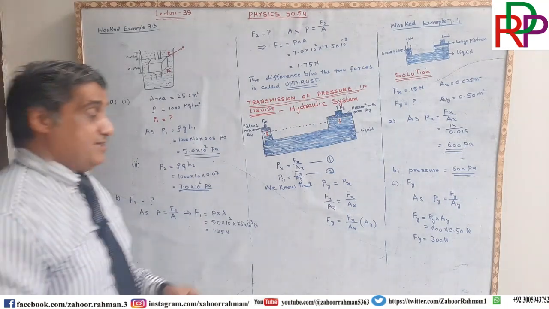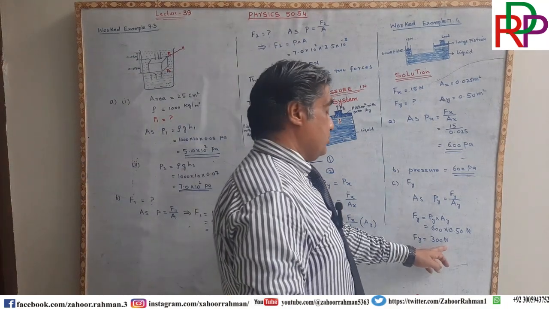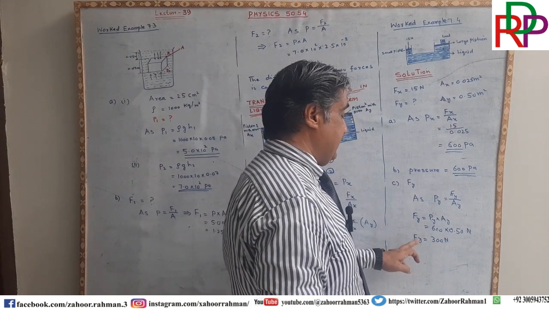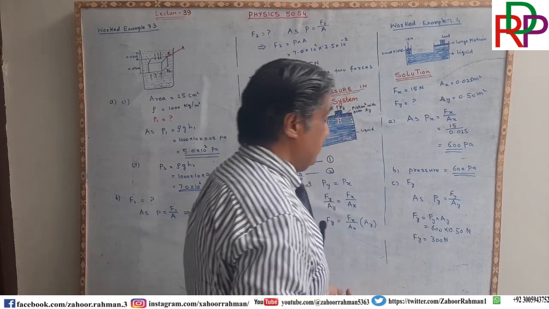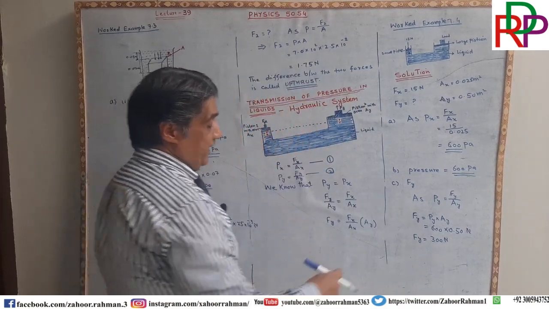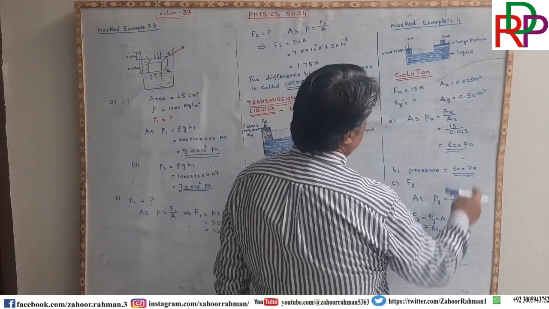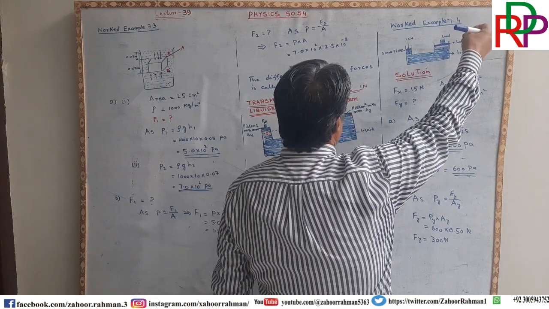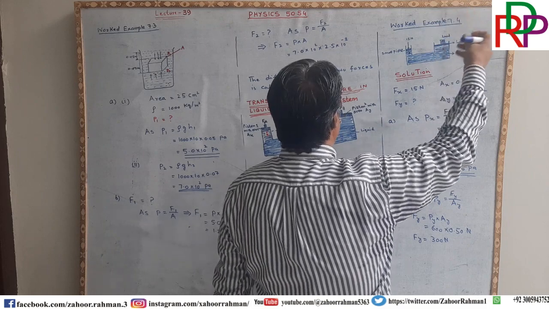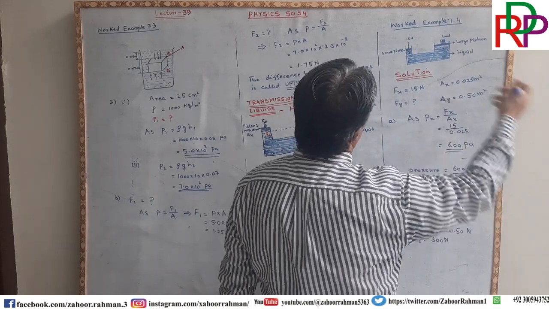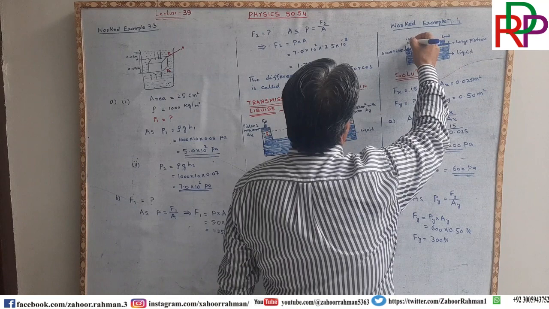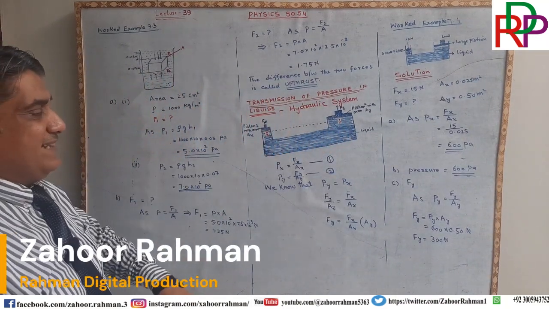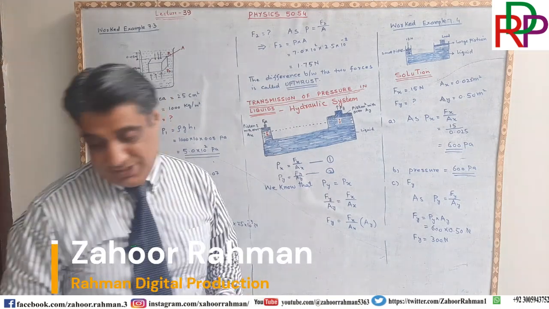So it means that the force exerted by the liquid on piston 2 will be greater than the force exerted by any machine or any external body, which will be smaller. That is 15, and this is 300 Newton.